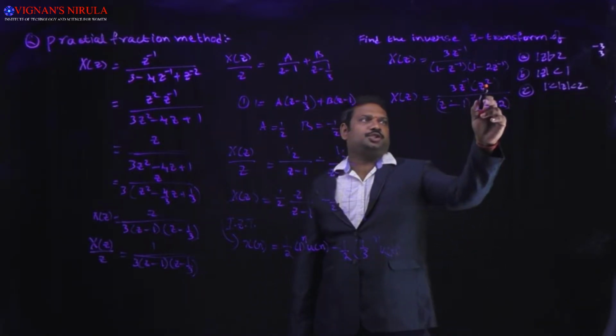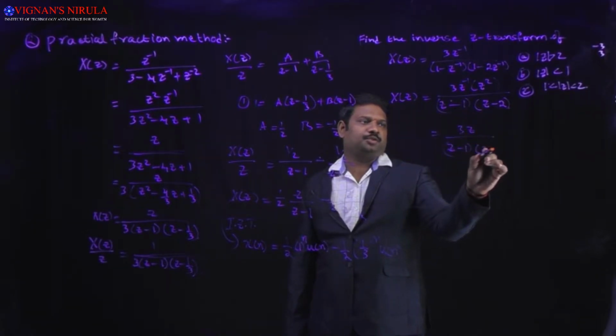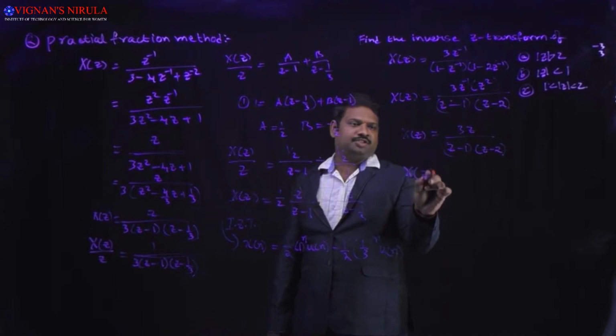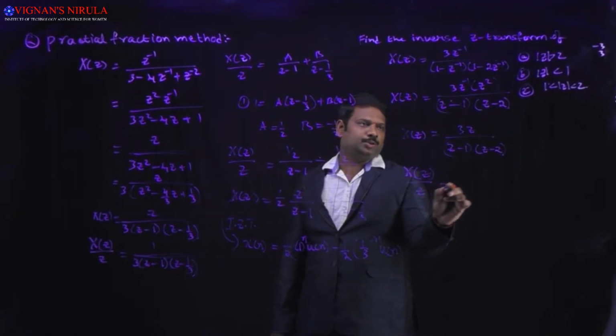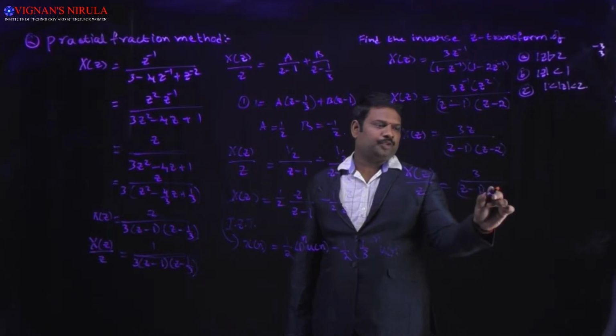Z inverse into z square is z, so the numerator is 3z, giving 3z / ((z - 1)(z - 2)). Taking this z to the other side, X(z)/z = 3 / ((z - 1)(z - 2)).